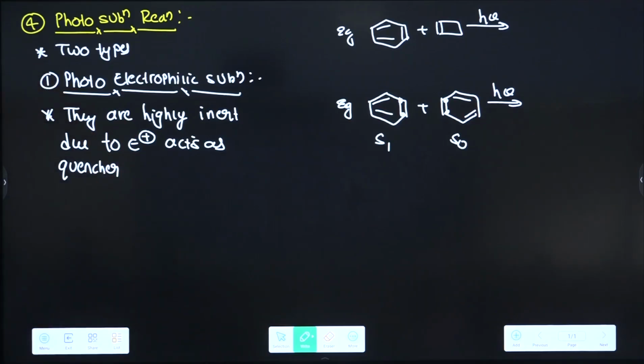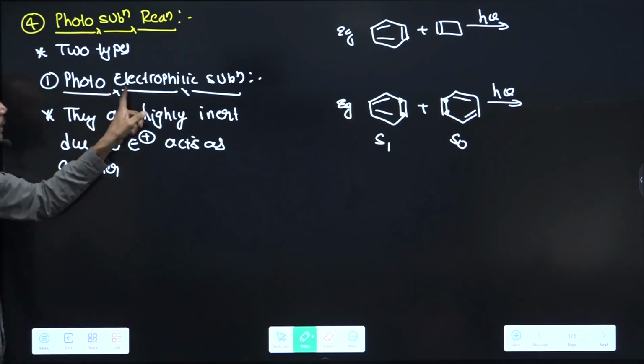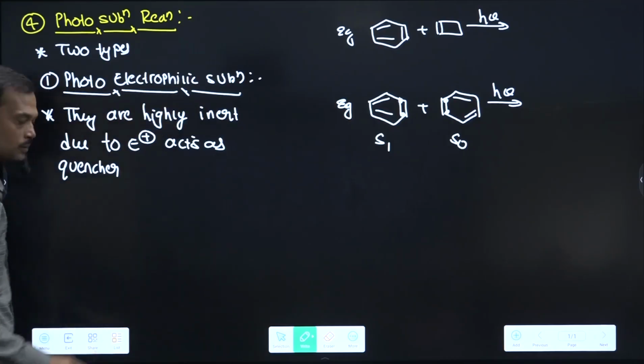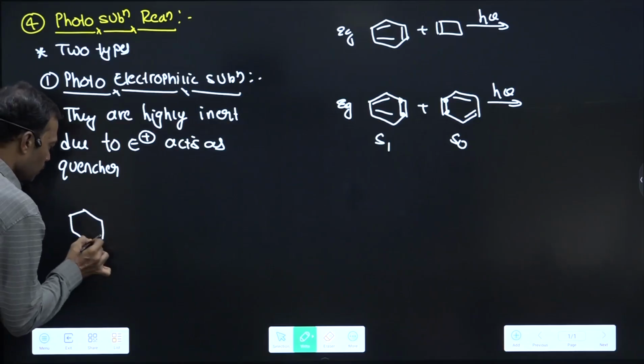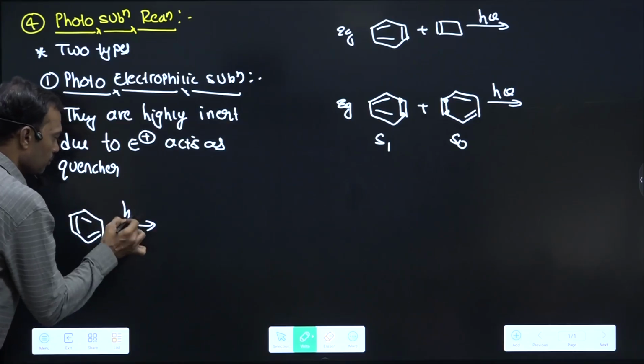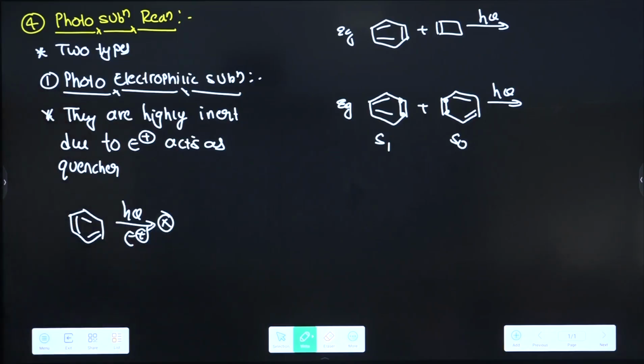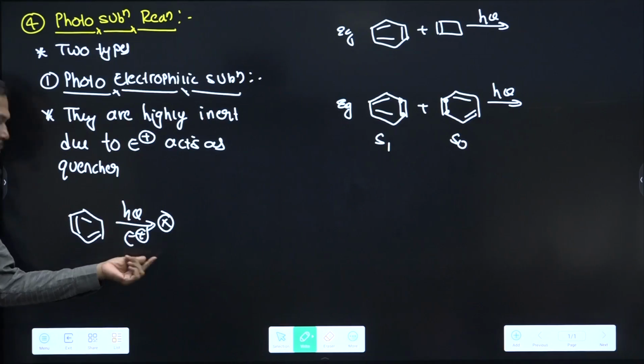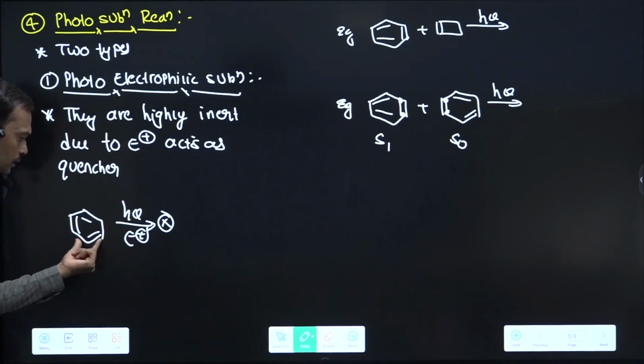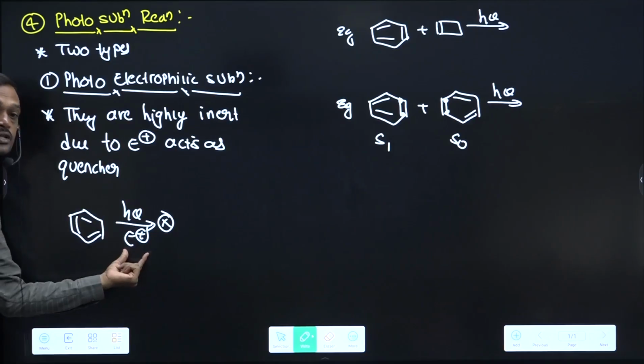That's why photo EPS is not possible. This is called photo EPS, electrophilic substitution, which means if I want to add any electrophile photochemically, the reaction does not exist, no reaction. We can't add any electrophile on benzene photochemically because it is in the photochemical excited state, and the electrophile is a quencher.